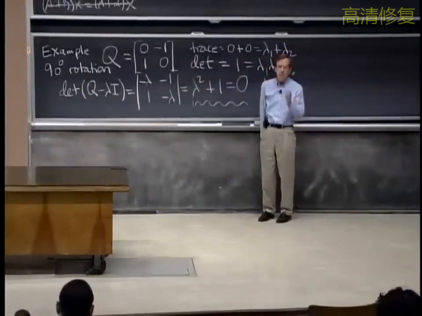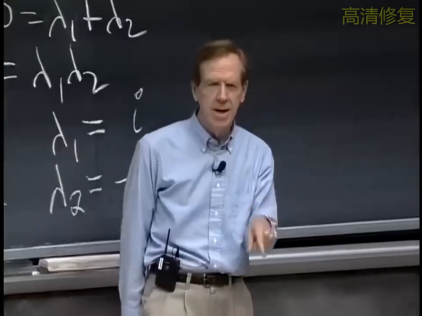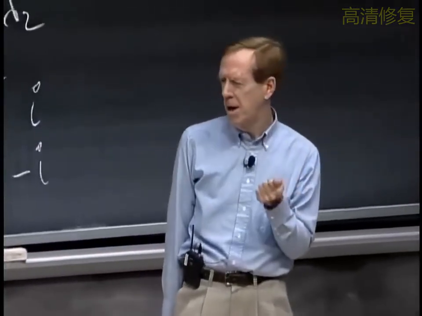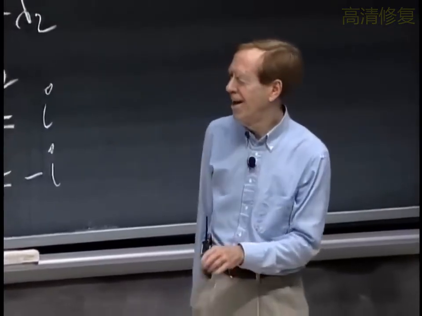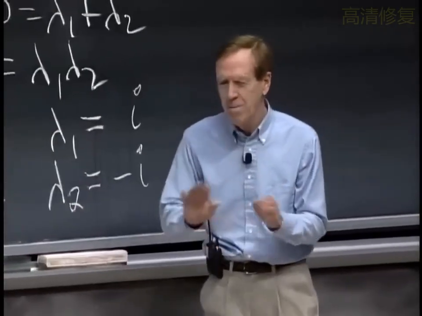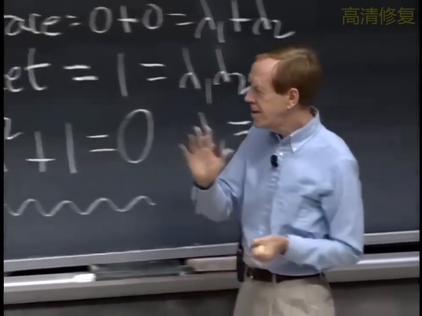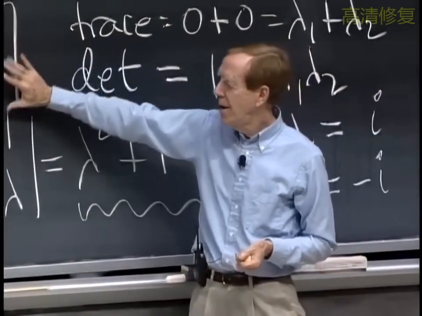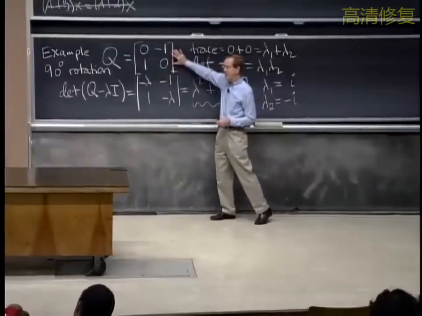So this can happen. Complex numbers are going to have to enter 18.06 at this moment. Boo. All right. If I just choose good matrices that have real eigenvalues, we can postpone that evil day. I'll try to do that, but it's out there.